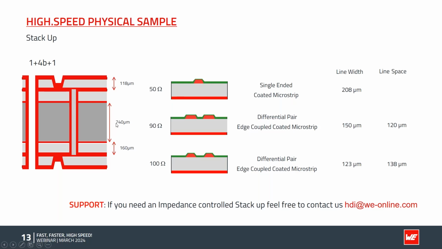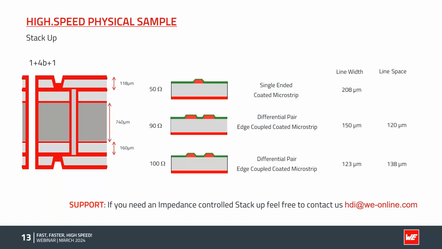We created a stack up with a lot of different impedance values. So we have all the impedance tracks on the outer layer, on layer 1. The ground is layer 2. We have created 50 ohms, 90 ohm differential and 100 ohm differential with the shown parameters, which are very typical in use.